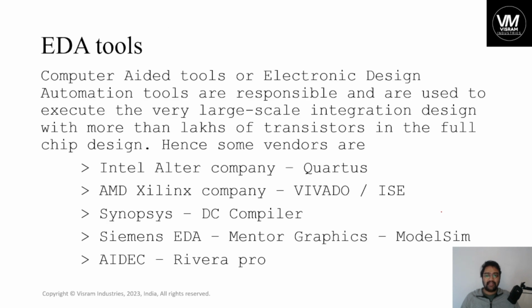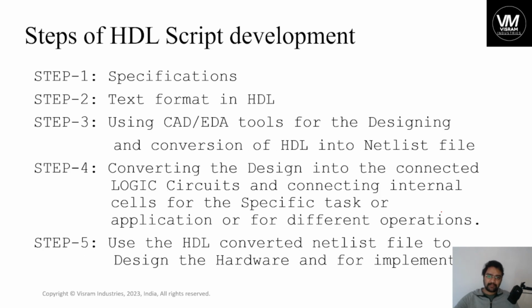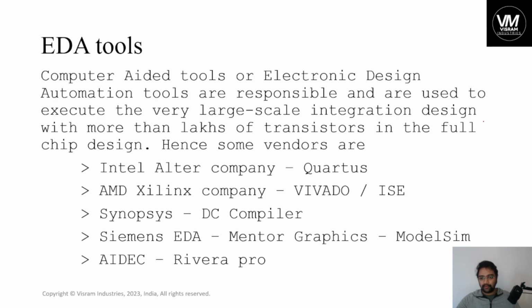That is the structure, I mean the steps, of developing an HDL script based on the hardware. Now moving on to the EDA tools, as we have all known how these EDA tools have evolved and how FPGAs have evolved. I have been introducing you to the history of FPGA development and the EDA tools. Now, there are some good companies you should know about for EDA tools.